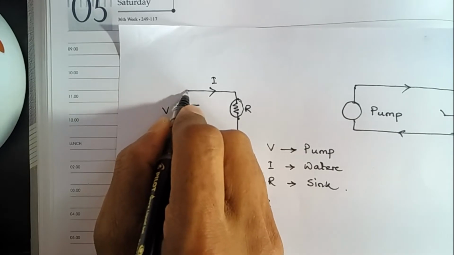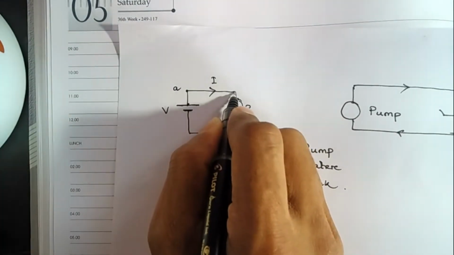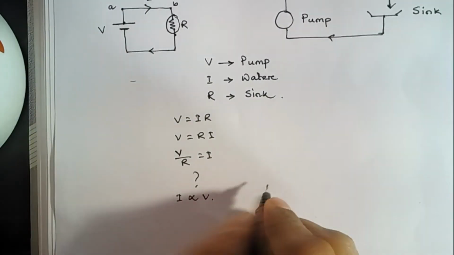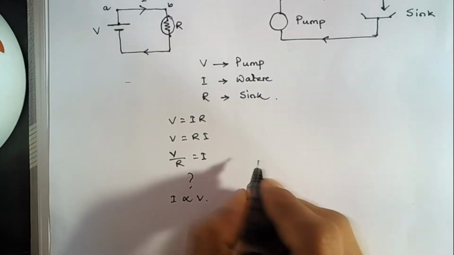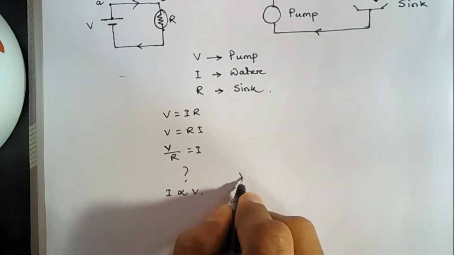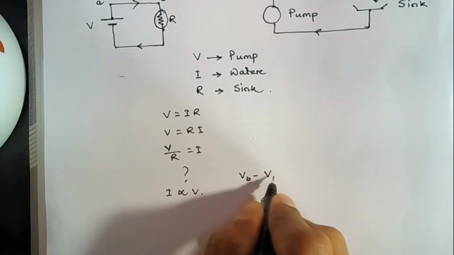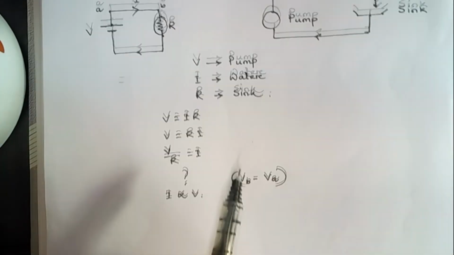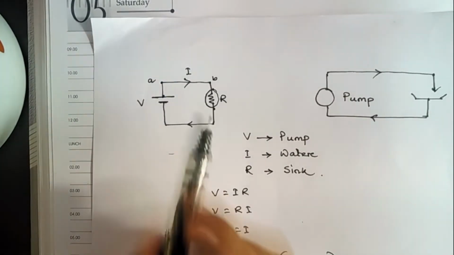Let's assume this is point A, this is point B. So the potential difference between point A and point B equals VB minus VA.